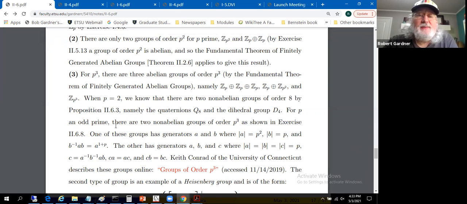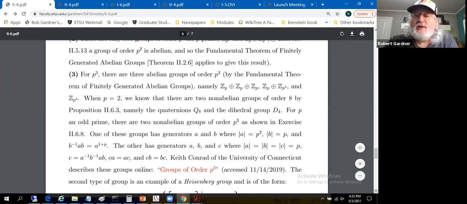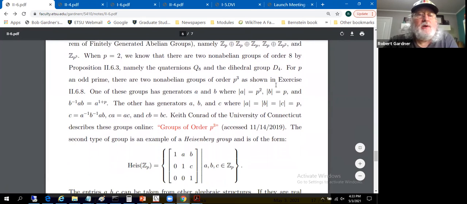For p an odd prime, so p not 2, there's two non-abelian groups of order p cubed. I guess actually Hungerford does deal with that part of it. Exercise 2.6.8. One of these groups has generators a and b, where a has order p squared, b has order p. Here's a relation between those generators.